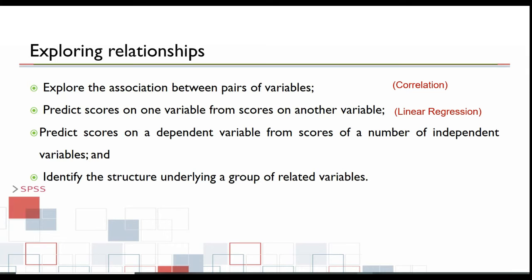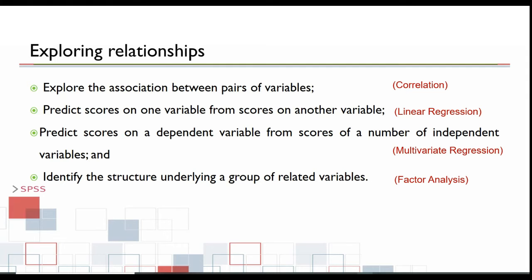Next, you want to predict scores on one dependent variable from scores of a number of independent variables. So this one should be multiple regression or multivariate regression. Okay. Next, the last one is identify the structure underlying a group of related variables. This one is factor analysis, right?